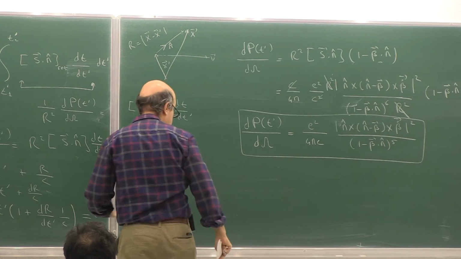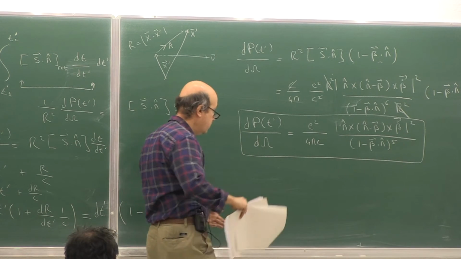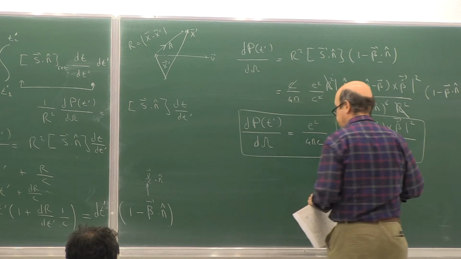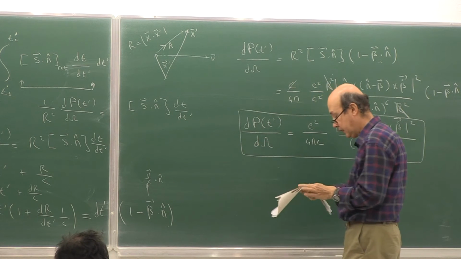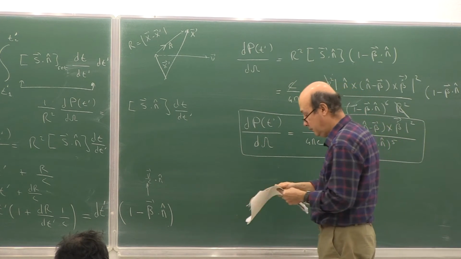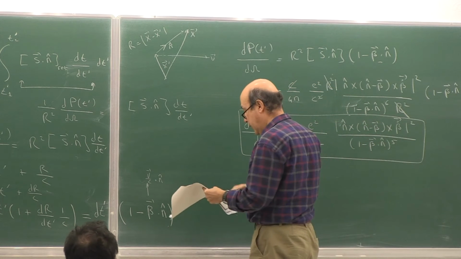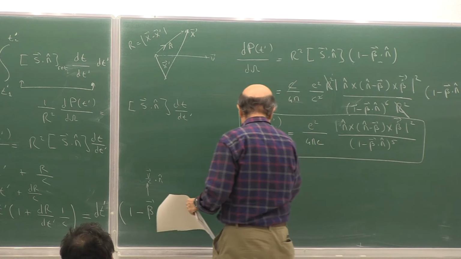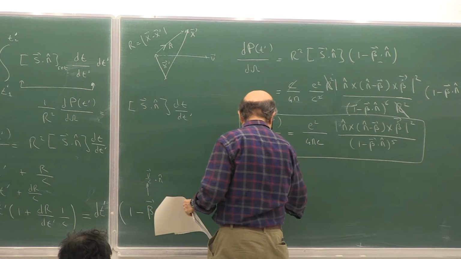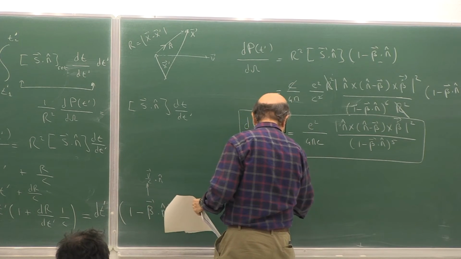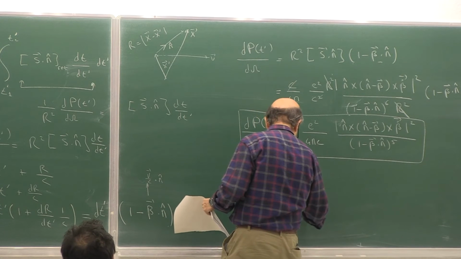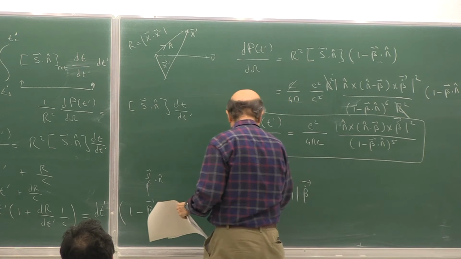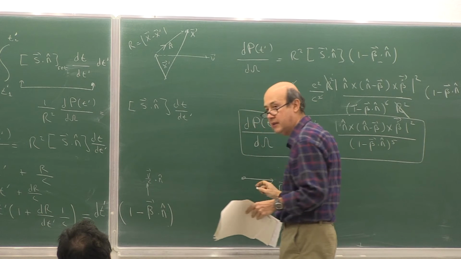But what is this? It's some bunch of formulas, so let us try to interpret it. One thing you can do is look at the case when beta and beta dot are parallel to each other, linear acceleration, if the charge is linearly accelerating.